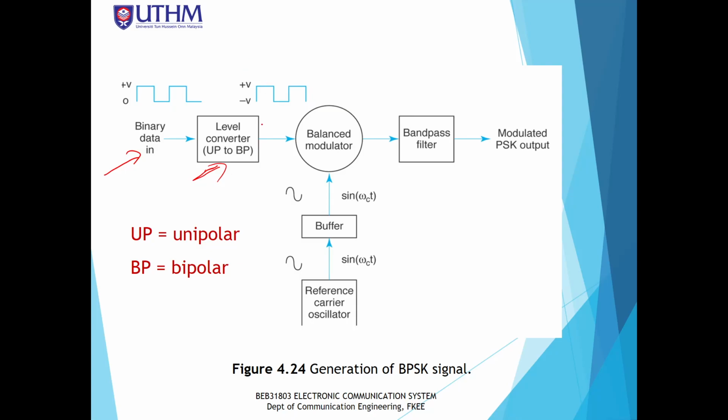So we have the output with two different polarities, positive and negative voltage: positive voltage for input logic 1, and negative voltage for input logic 0. Then inside the balance modulator, we do the multiplication with the analog carrier, where we use a sine wave, sine omega ct.